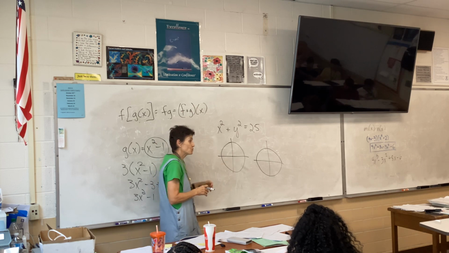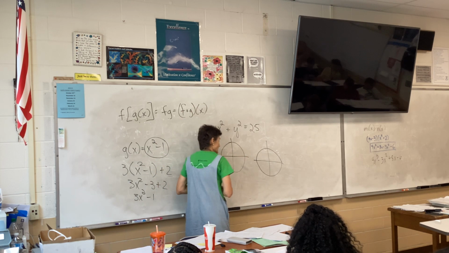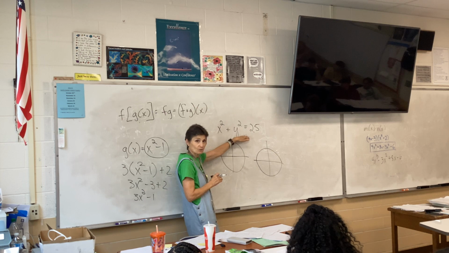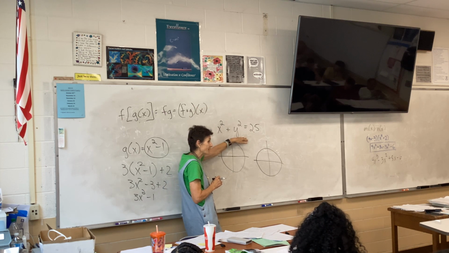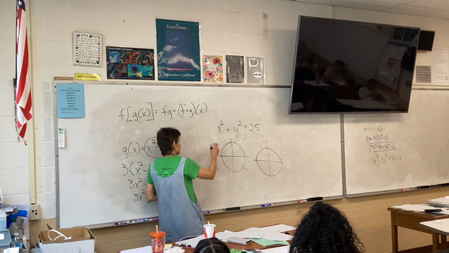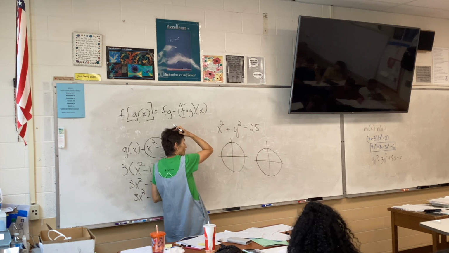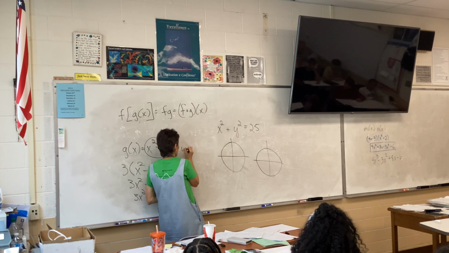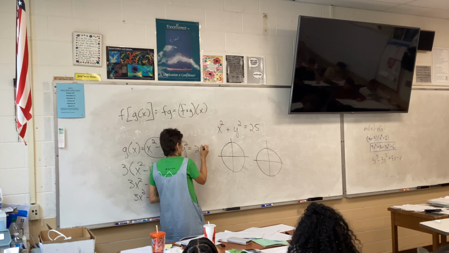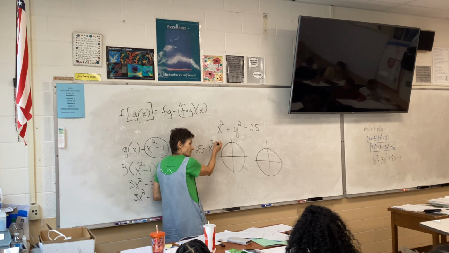All right? To find those, it's very, very simple. We simply go back to our original equation and get y by itself. Okay? So here we go. We're going to get y by itself. Finn, we're not graphing right now. We're getting y by itself. So y squared equals 25 minus x squared.